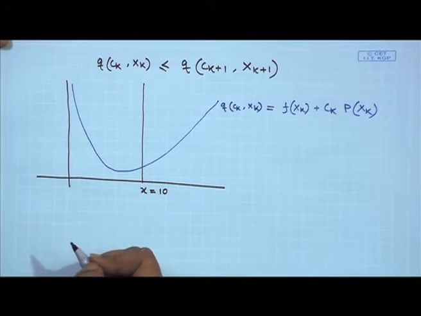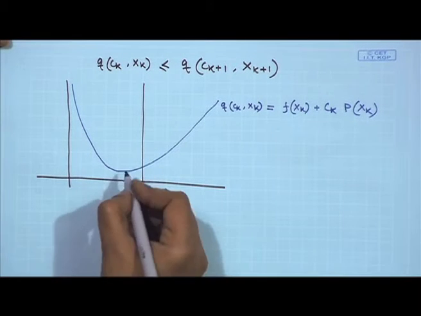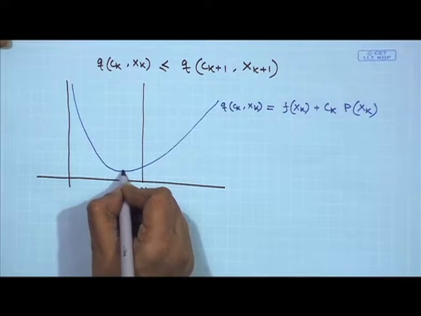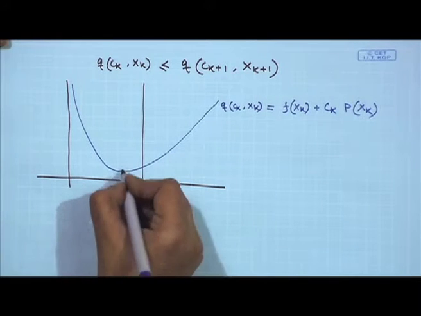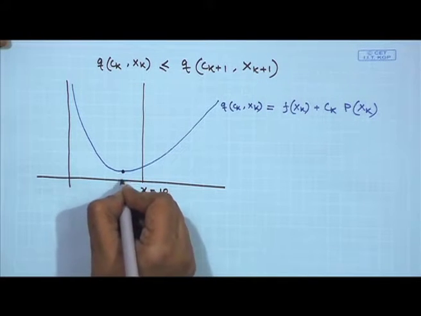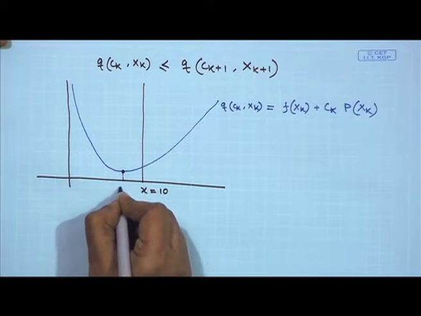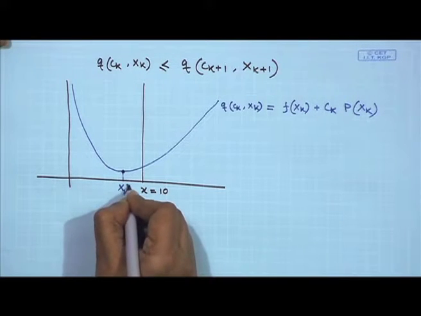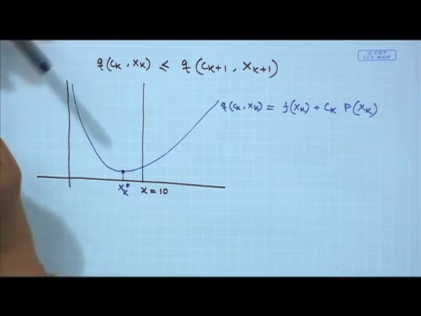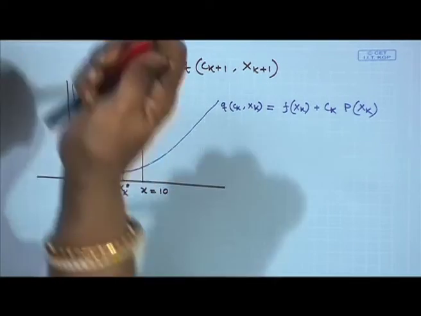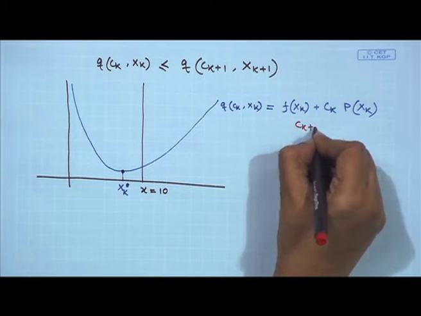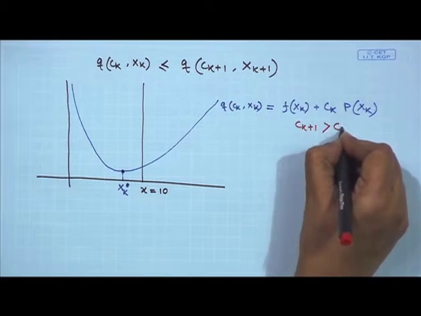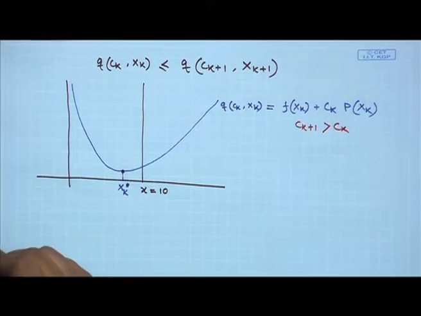This is the function. Say we are getting the optimal solution here, because we are searching for the minimum of this unconstrained optimization problem. That is why this value would be xk star.